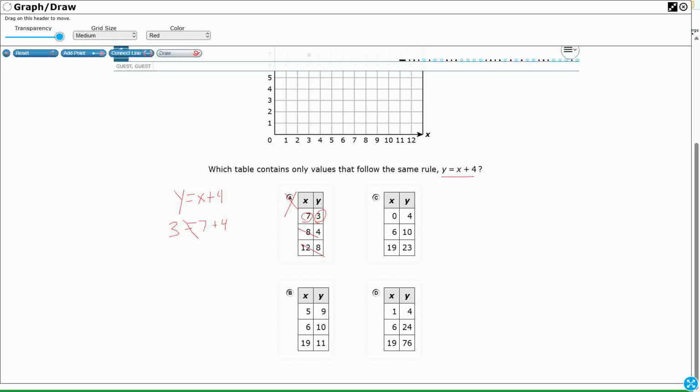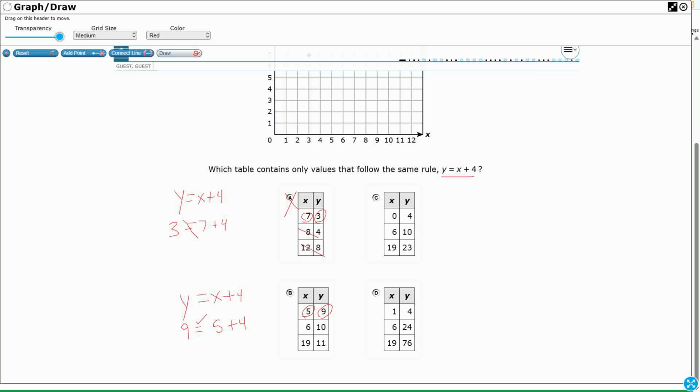Let's check B. y equals x plus 4. Now, it's a little bit tricky because when we say it like that, the y comes first, but it's actually in the second column, so we have to make sure we keep things straight. So 9 is y, x is 5. Okay, that is a true statement, but just because the first one is good doesn't mean the rest are going to be good.